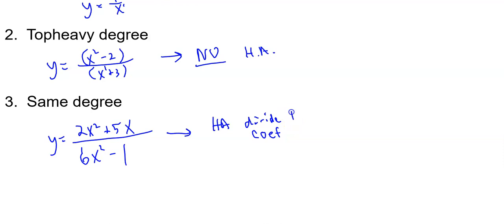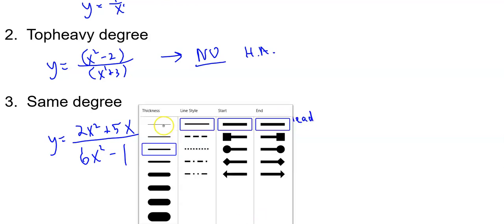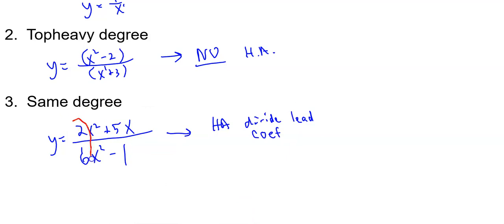Maybe I should say it this way, the lead coefficients. So in this case, the numbers in front of the largest term, x squared, are 2 and 6. So you'd have y equals 2 over 6, or 1/3 would be your horizontal asymptote for this example. But you divide the leading coefficients, whatever the 2 leading coefficients are. That will be your horizontal asymptote.